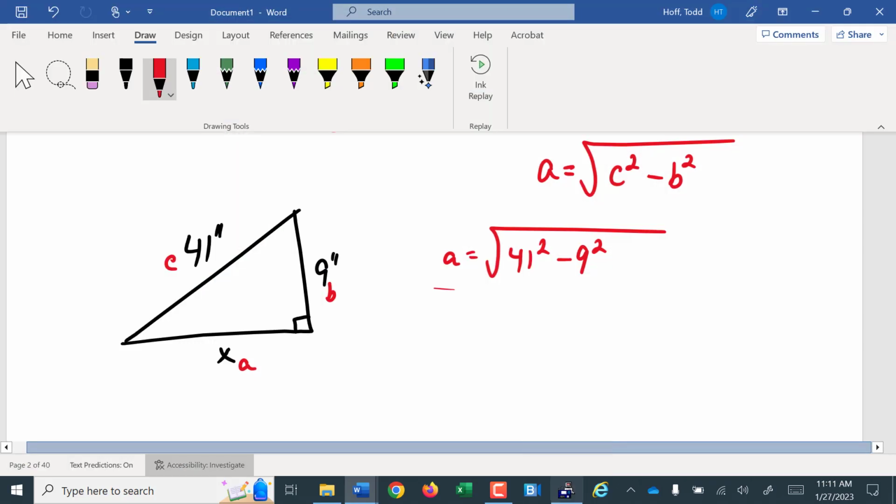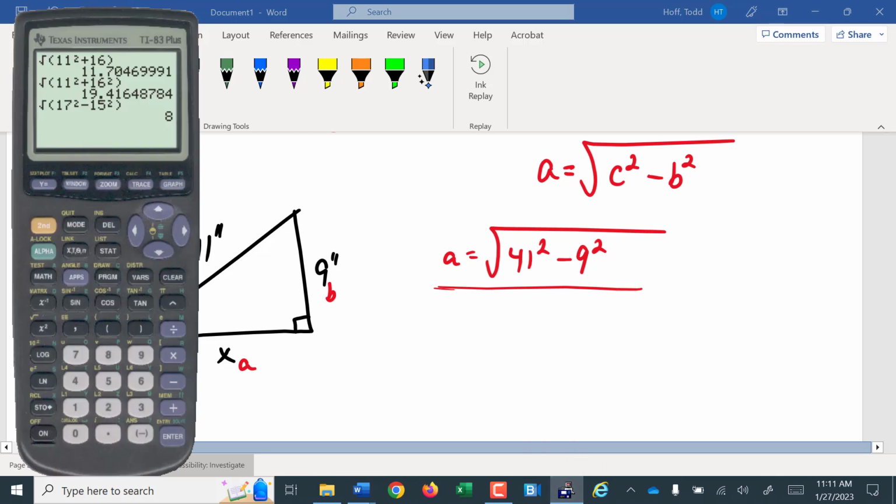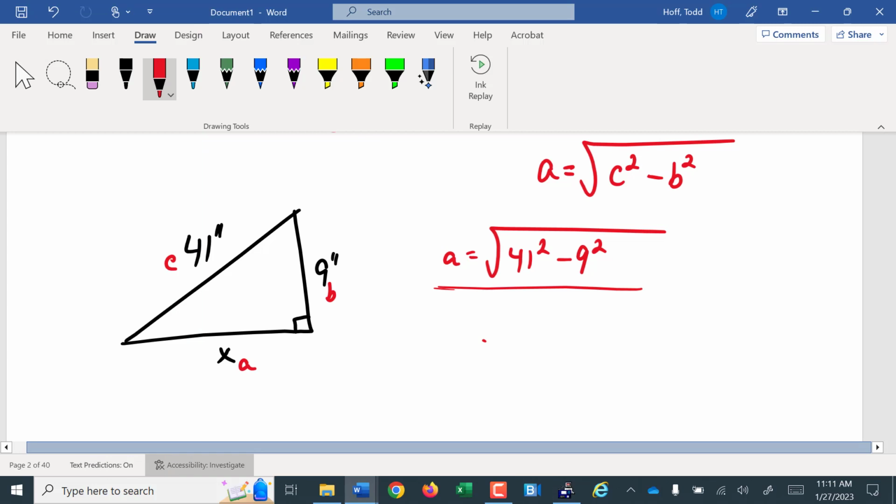So yeah, we could just set it up. Hypotenuse squared minus the known leg squared and then square root. So square root of 41 squared minus 9 squared. It comes out to 40. If you don't want an extra formula to memorize, you could have just done A squared plus 9 squared equals 41 squared and solve the equation.